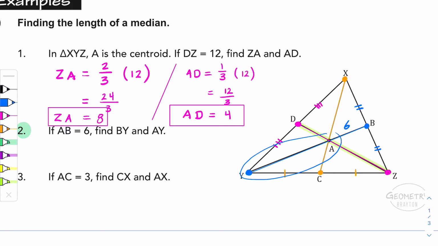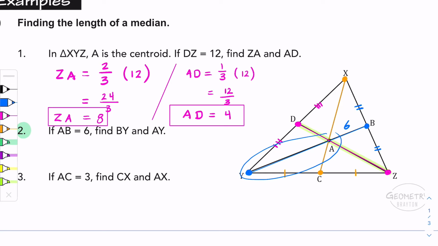So if 6 is 1/3, you could technically double that number to give you the 2/3 length. Or you could find the length of the entire segment. There's multiple ways to go about this. I think in my head I would recognize if 1/3 was 6, then 2/3 would obviously be 6 plus 6, which is 12. But again, you can do it whichever way you want.